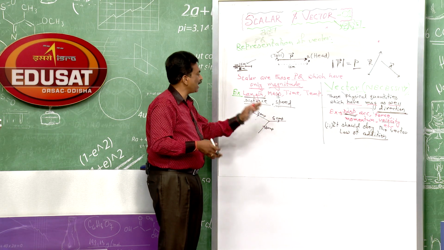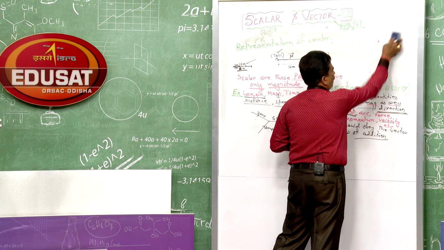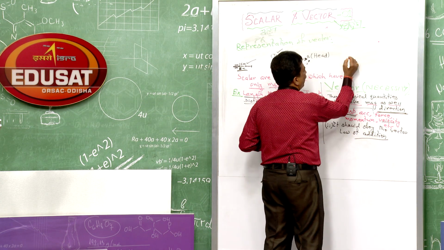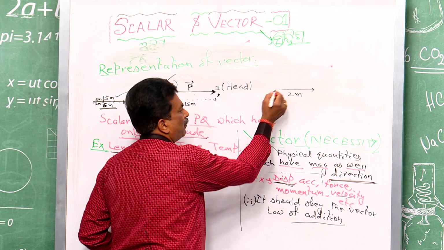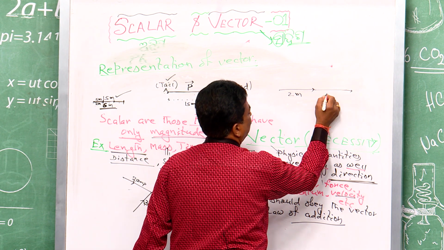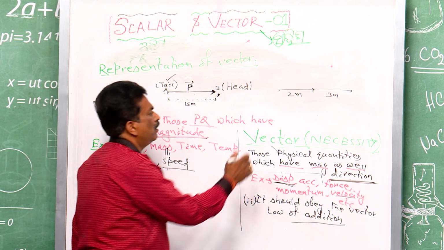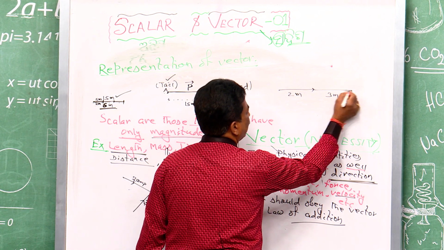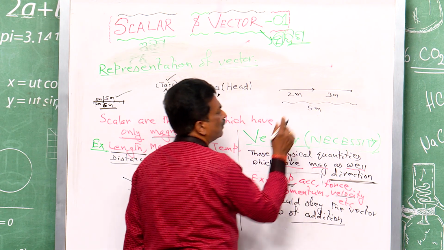If you take a similar type of example, suppose one person goes 2 meter from left to right, and again goes 3 meter from left to right. Then the total distance he covered from this to this is 5 meter.